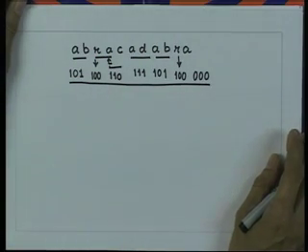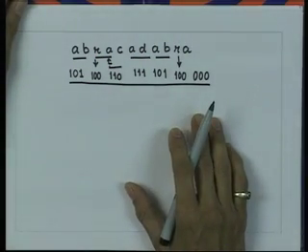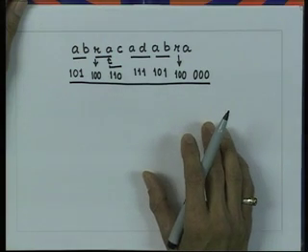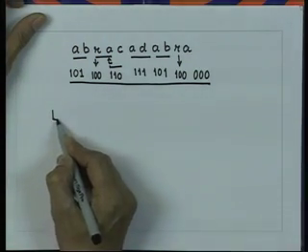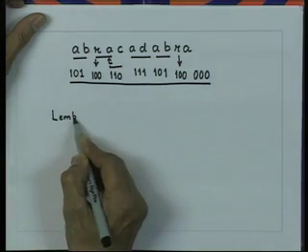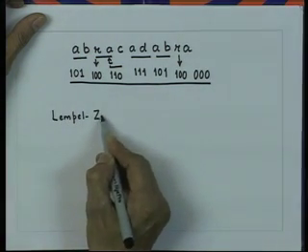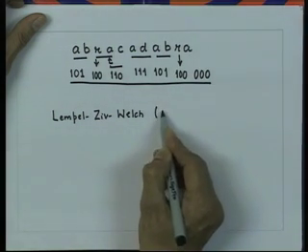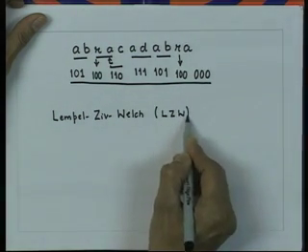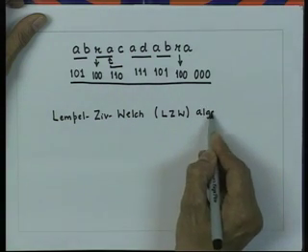Now most adaptive dictionary based techniques are based on a very popular algorithm that is known as the Lempel-Ziv-Welch, or LZW, algorithm.